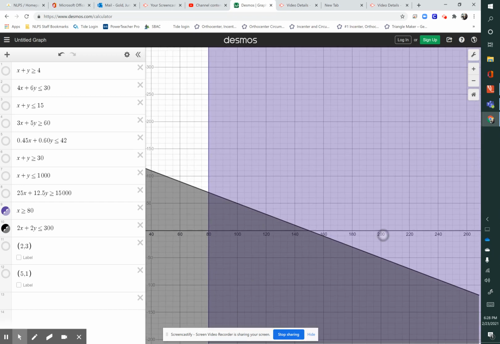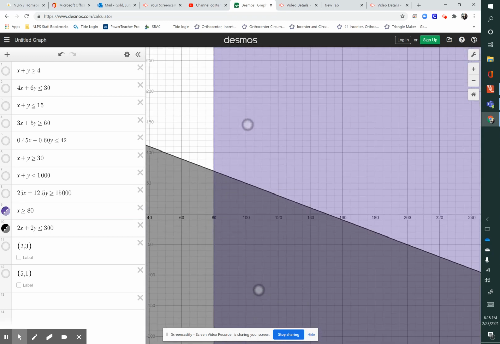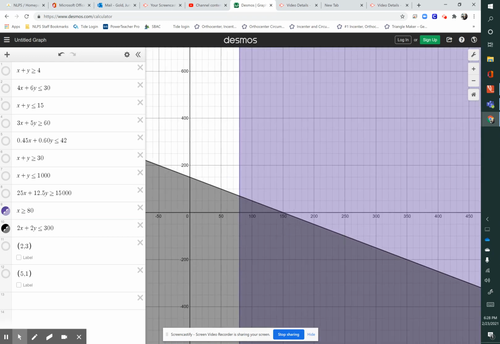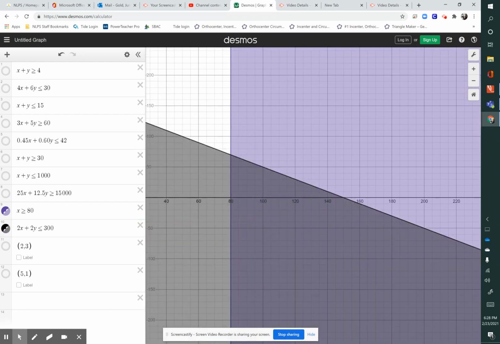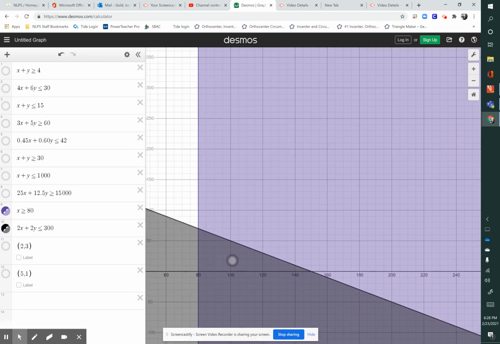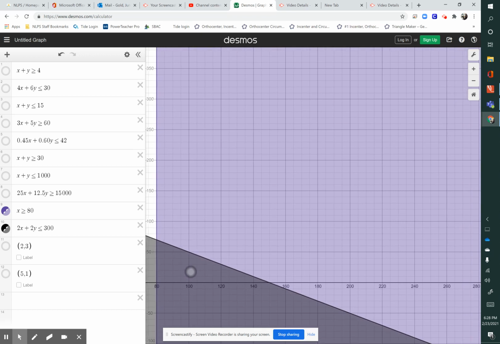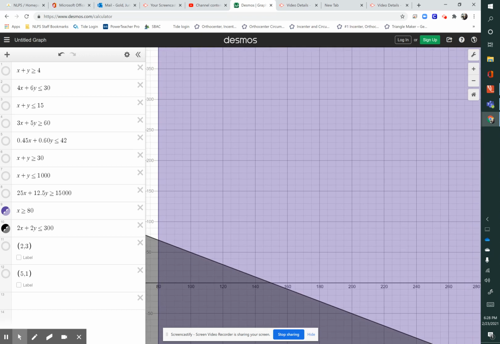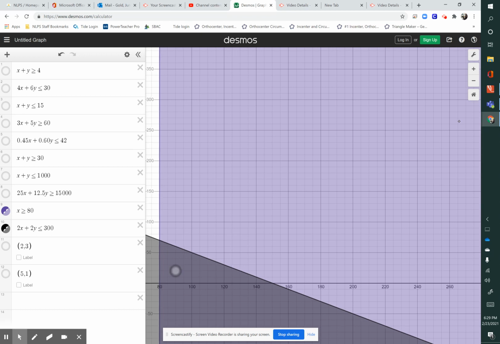Now, do you notice how the shape of that triangle changes according to how I manipulate Desmos. What's important to look at are the interval numbers, okay? We're only interested in quadrant 1 of the coordinate plane. So he could have a 90-foot length, with a 20-foot width right there.